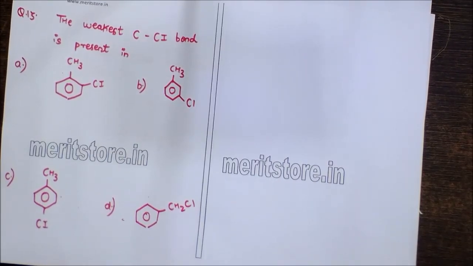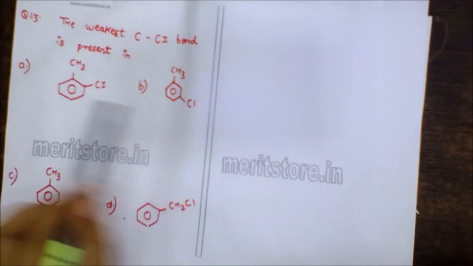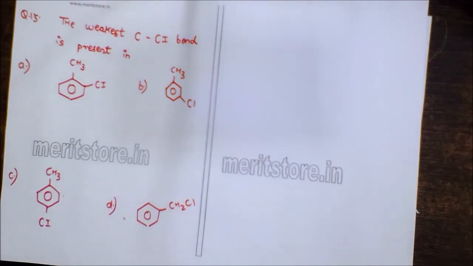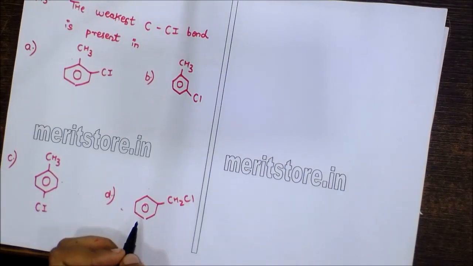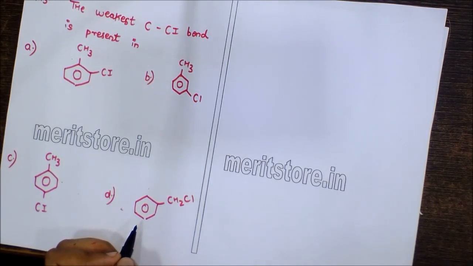Question 13. The weakest C-Cl bond present is A, B, C, D. Over here we have four options, but the weakest bond will be in option D. It is because, due to the double bond character of the C-X bond in an aryl halide, the C-X bond is shorter and stronger.